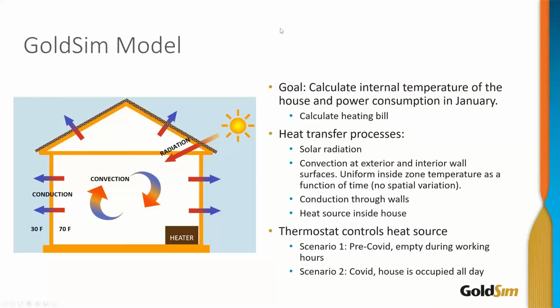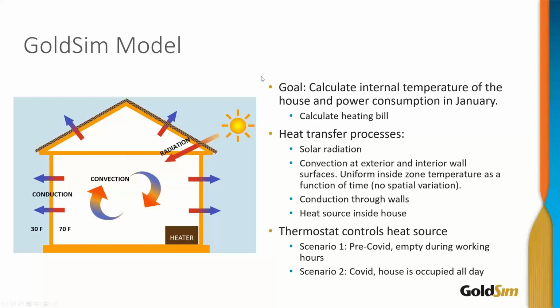So in our model today, we are going to model a couple of heat transfer modes and interactions between the environment and a one-room residential building. With those interactions, we hope to calculate the heating bill associated with maintaining a comfort level inside that room.